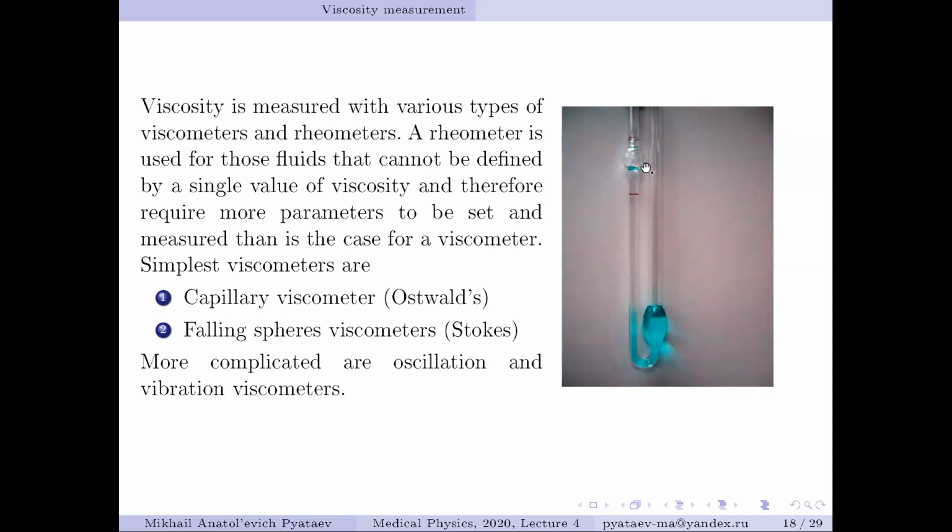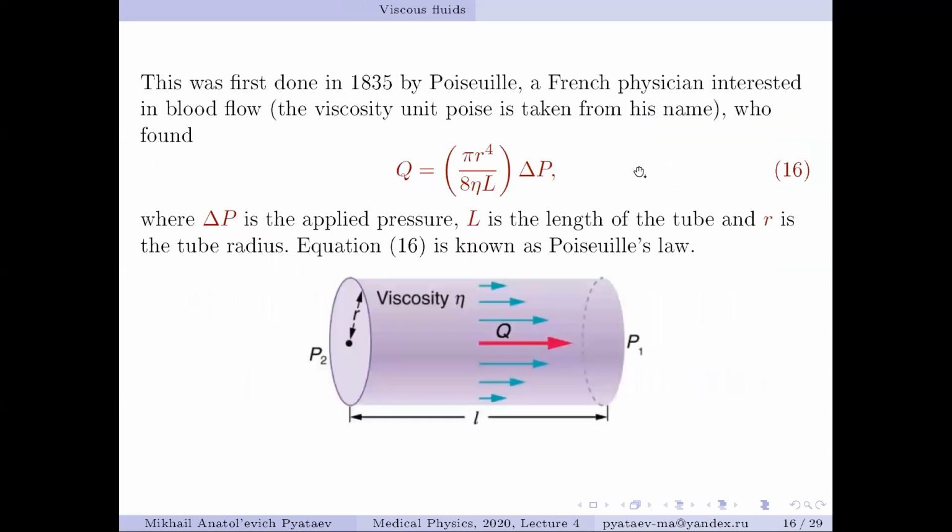If we know the viscosity of one liquid, we can find the time of its flow from this point to that point and compare this time with the time for another liquid. Then by a ratio, well, let us see what will be different in this formula for different liquids.